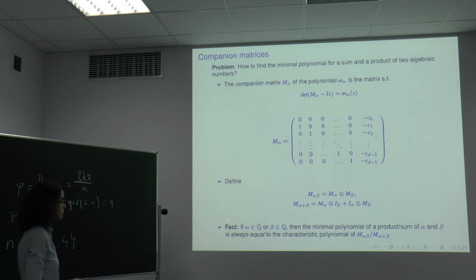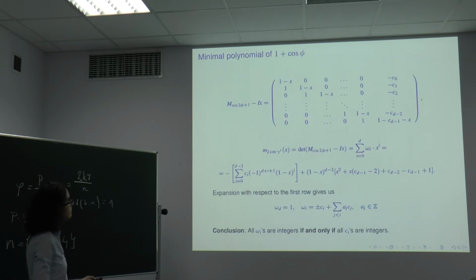We have the equality, and the minimal polynomial of a sum is exactly equal to the characteristic polynomial of this matrix. This is the companion matrix for this sum, minus lambda minus identity multiplied by x, and I have to compute the determinant of this matrix.